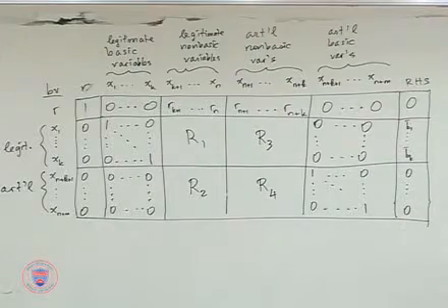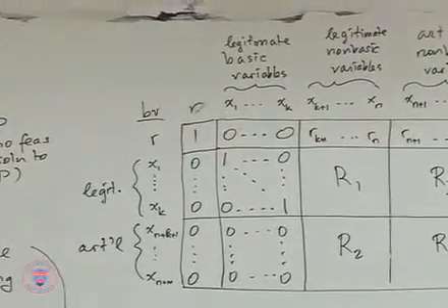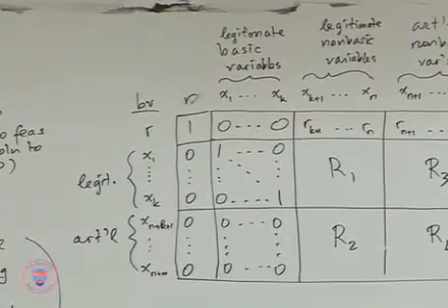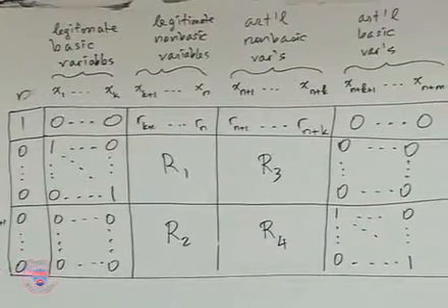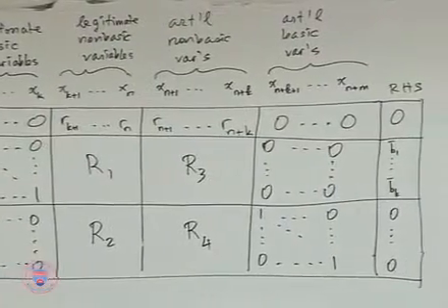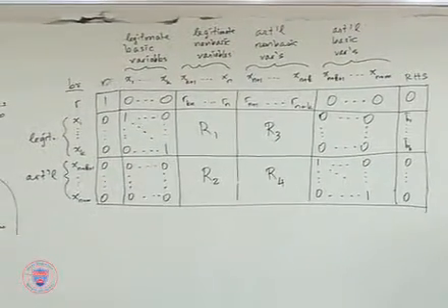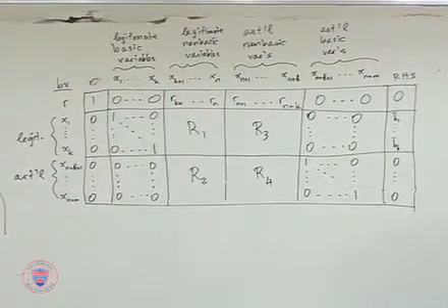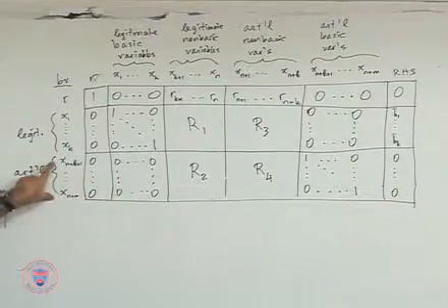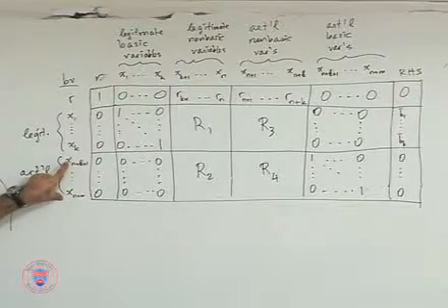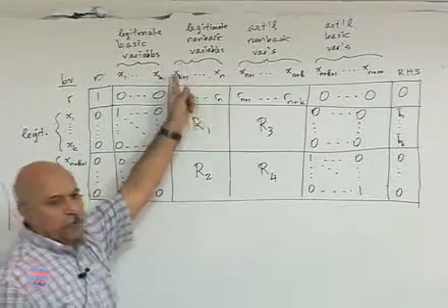So what you do is, you're trying to replace the artificial basic variables with legitimate variables that are currently non-basic.